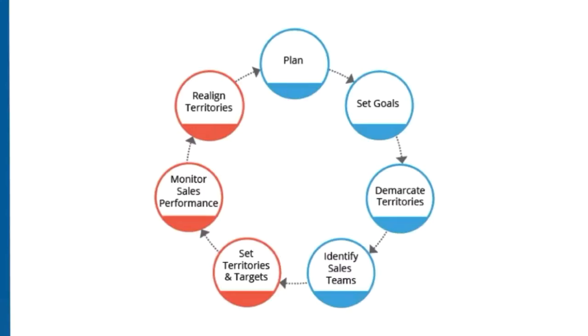Once you communicate your targets or your new sales structure or your new territories to the team, you need to set goals, then demarcate territories, and identify who are going to be part of the territory. For example, now you have a few sales reps working for India and a few other sales reps working for UK and a few for Australia.